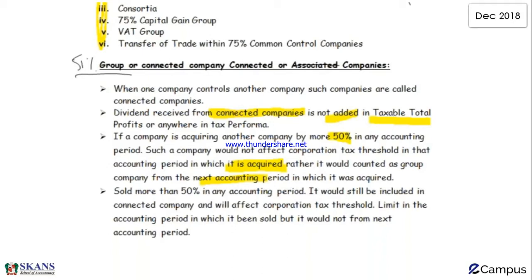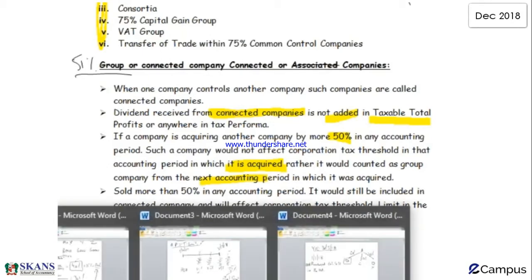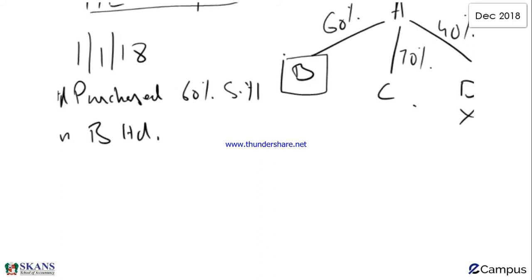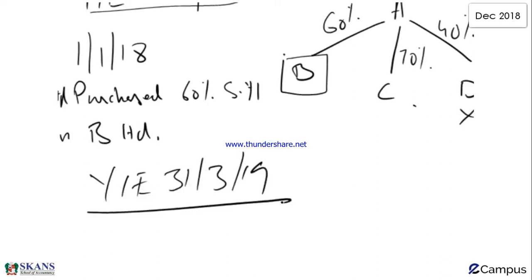So if I ask you in the year ending 31st March 18, what A and C should divide their limits with, your answer should be 2. But if I ask you in the year ending 31st March 19, what this A Limited group should divide its limit with, that would be 3.